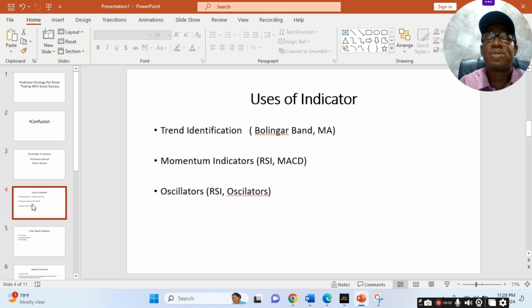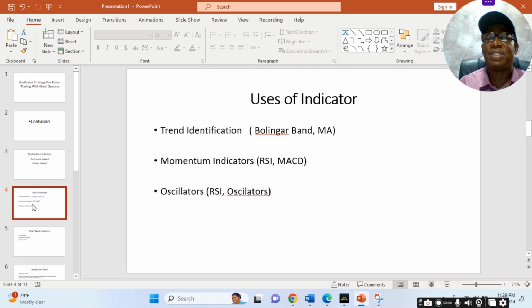Then the momentum indicators tell you the volume or the strength of either the buyers or the sellers in the market. Then oscillator indicator is telling you whether the buyers have overbought or the sellers have oversold. These are the uses of indicators.